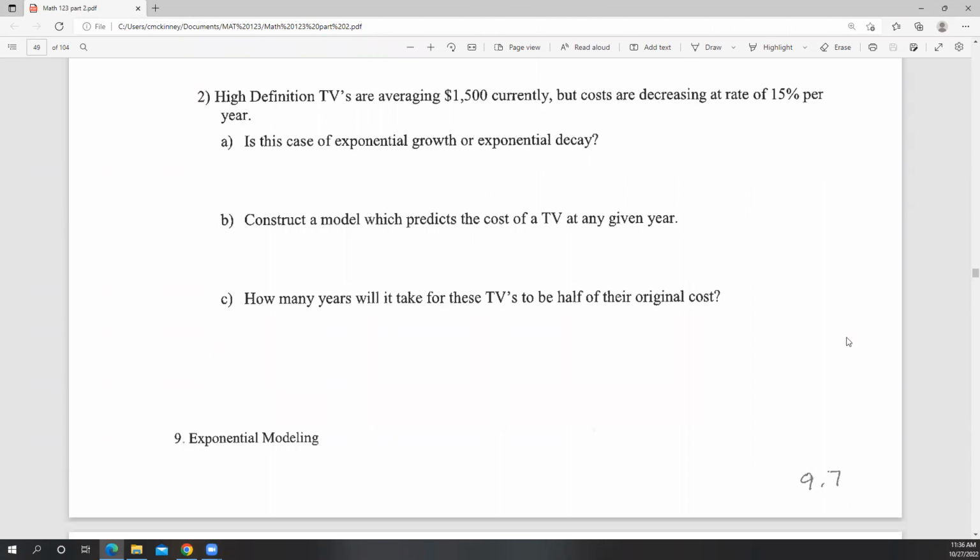We have talked a little bit about this situation, that some technology, the prices actually are going down. So this is decreasing. So since it's decreasing, is it exponential growth or exponential decay? Decay, yes. So now we're going to construct a model.